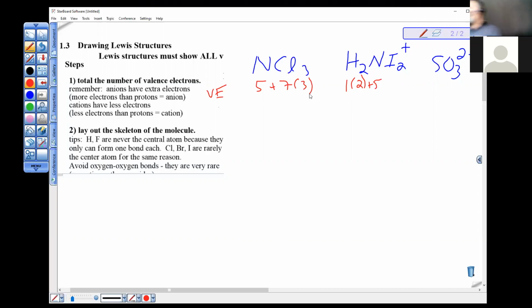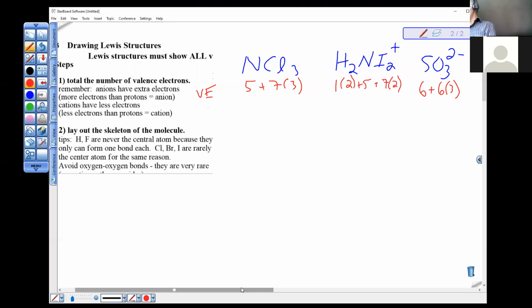Yeah, iodine also has 7. And there's 2 of them. Talk about charge in a second. Sulfur's underneath oxygen in the column that has a Roman numeral 6. And oxygen is above it. Remember, we're talking valence electrons.